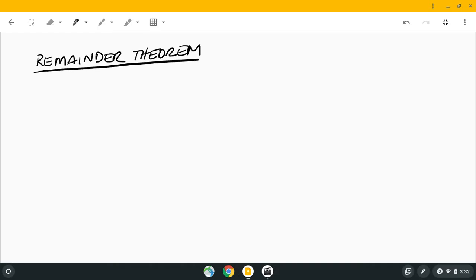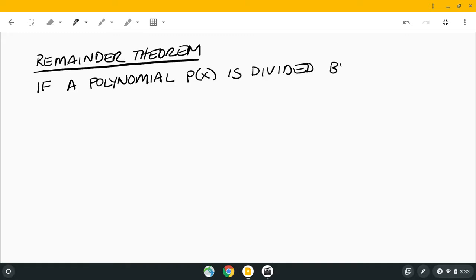Okay, so here this states that if a polynomial, and we'll call it p of x, is divided by x minus k, which is what we were doing with our synthetic division.